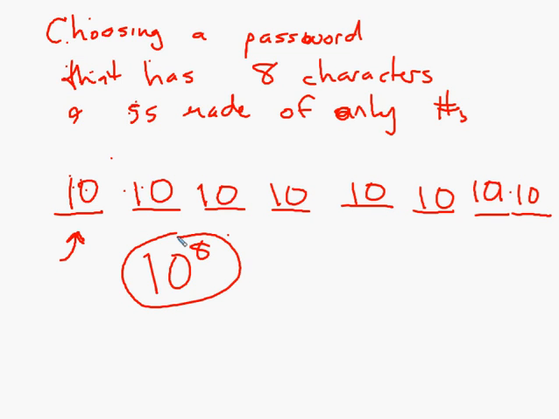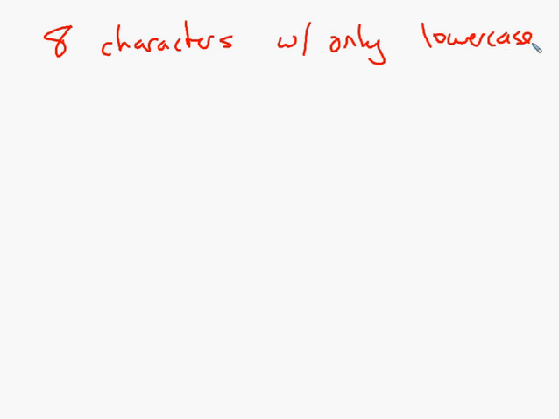Okay. Now let's do this next thing. Let's extend this idea of a password. We'll say 8 characters with only lowercase letters. Still 8 characters. Okay, could you please look up here, please? 8 characters.